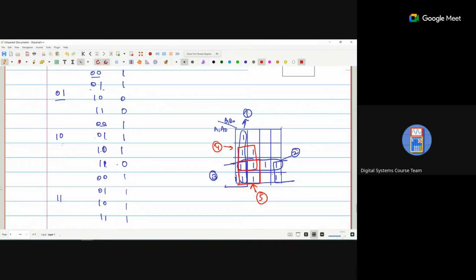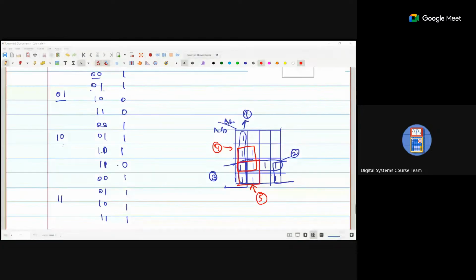But in the options only 4 terms are available. So the answer is that this option is wrong. Clear? Any doubt? Yes, sir, it's clear now.